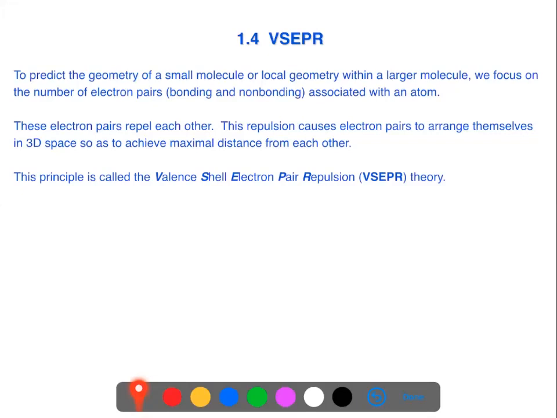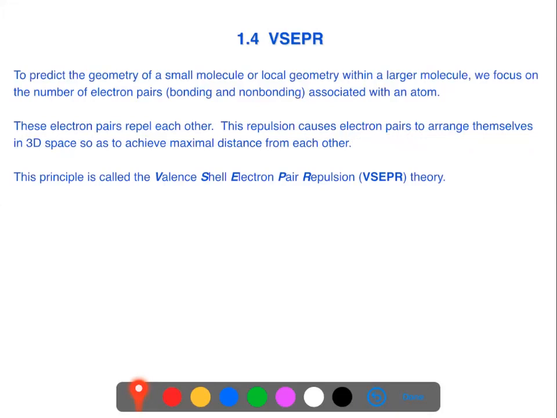And so we know that electron pairs generally repel one another. Electron-electron repulsion is a real thing, and we observe that at the molecular and atomic level. This repulsion causes electron pairs to arrange themselves in three-dimensional space so as to achieve maximal distance from one another.